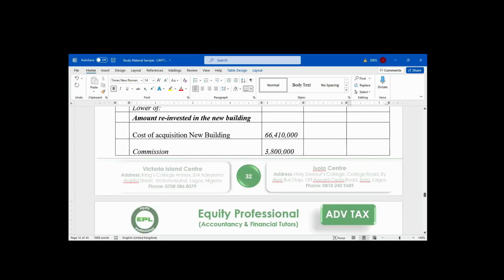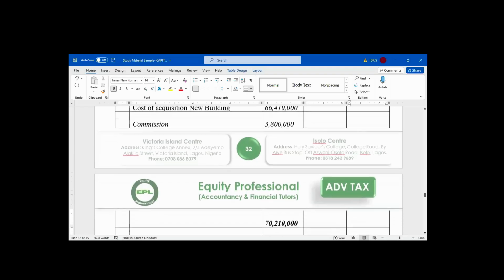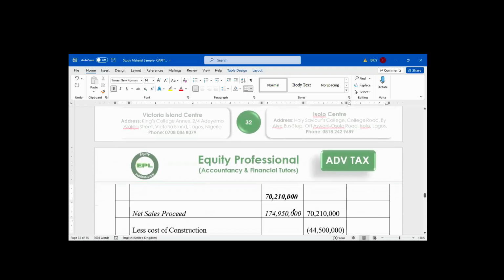In capital gain rollover relief, the challenge is how you get the amount rollover. First you compare amount reinvested with the net sales proceed, and you take the lower one. In this question, the amount reinvested is 70,210,000, while the net sales proceed is 174,950,000.